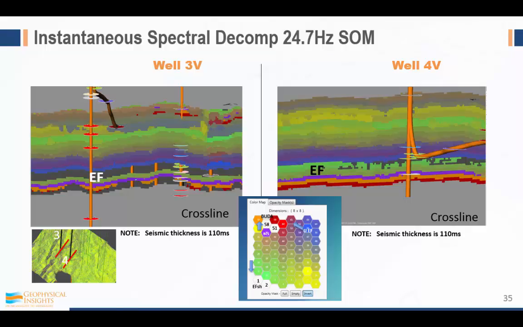And in both cases, the bottom of the Eagleford is identical. And then I turn off a couple of colors in here, and everything goes away at well 3, and hardly anything goes away in well 4. And these colors are unique to well 4's area. So you see how subtle variation can occur very quickly.